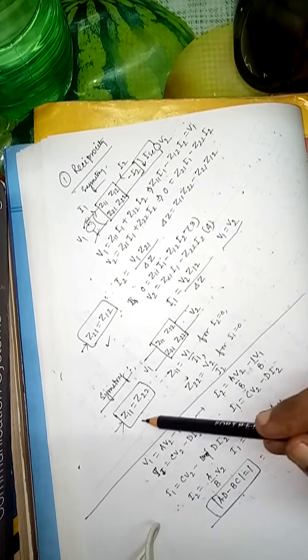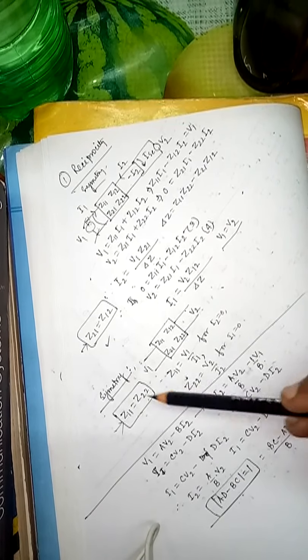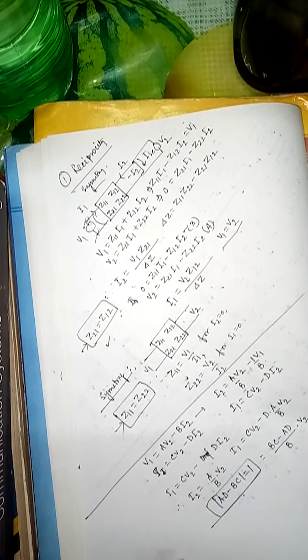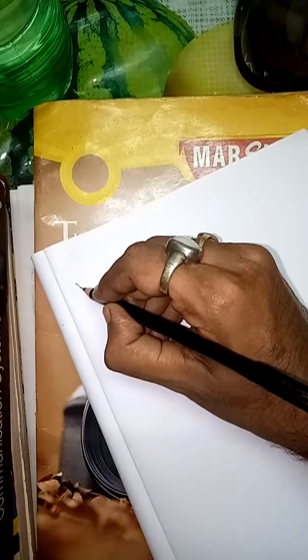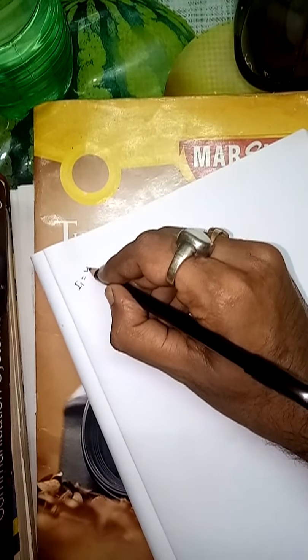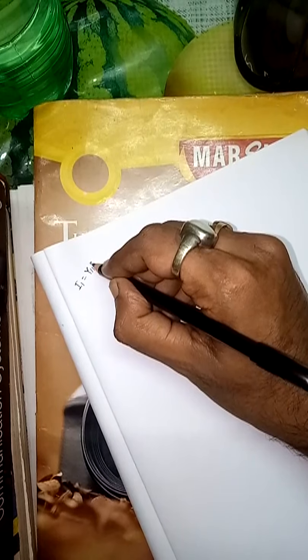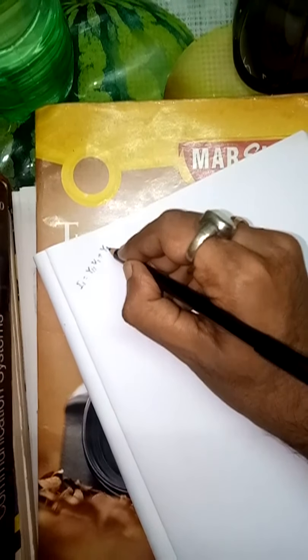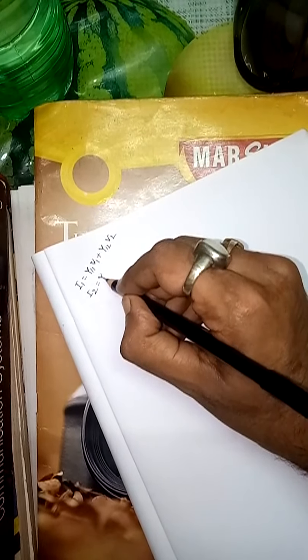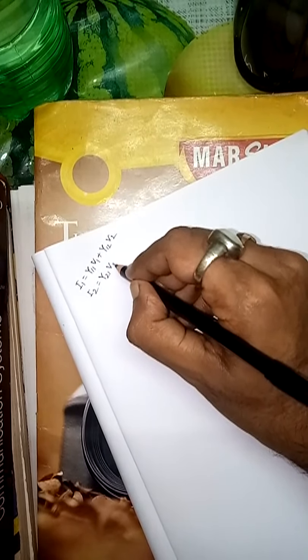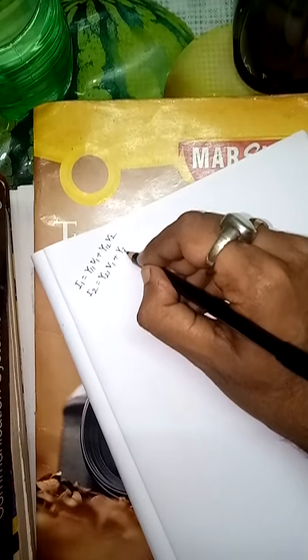So what is Z11 in terms of Y11? What is Z12 in terms of Y12? I can say you in this way that suppose you are having a Y parameter, so there I1 equals Y11 into V1 plus Y12 into V2, and here I2 equals Y21 V1 plus Y22 V2.